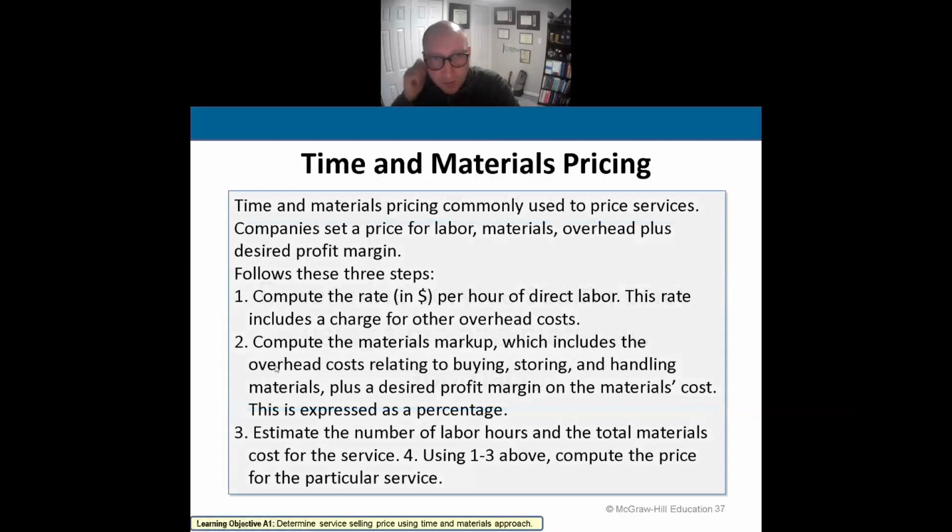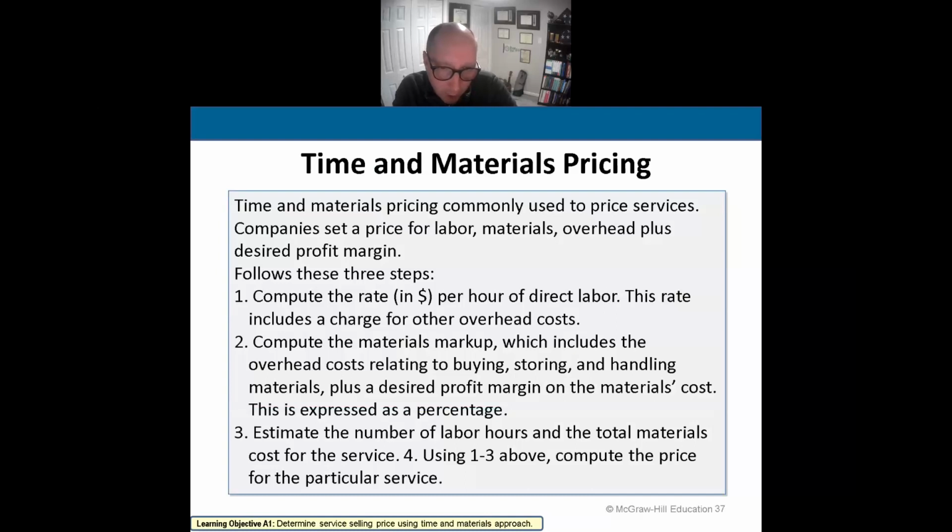And an additional pricing method is called time and materials pricing. You've probably seen this at an auto repair shop, where we look at time and materials for repairing a vehicle. Compute the rate in dollars per hour for direct labor, plus overhead costs.